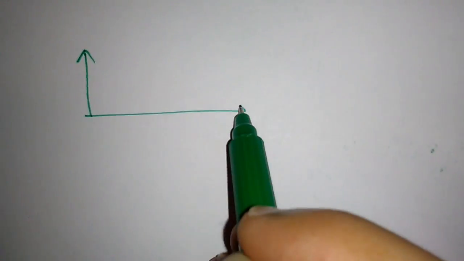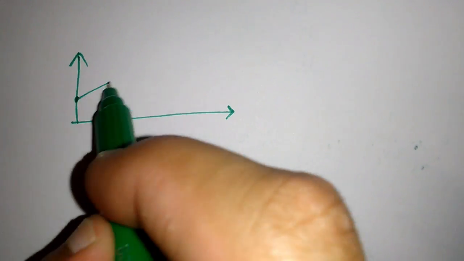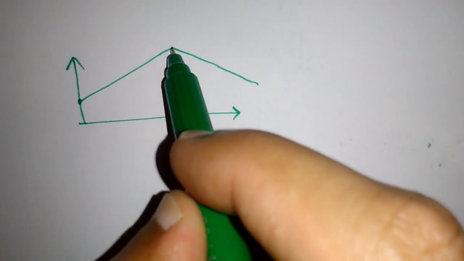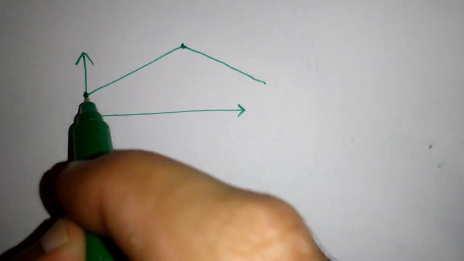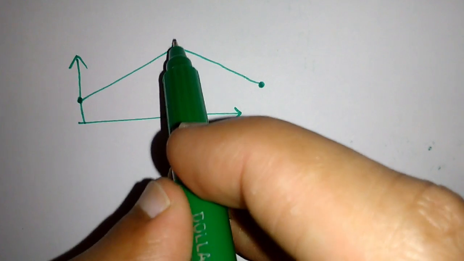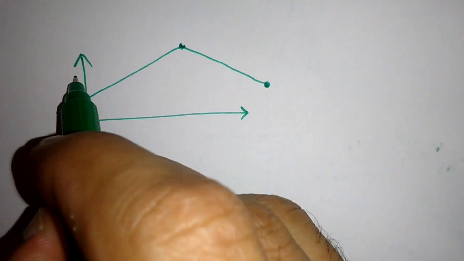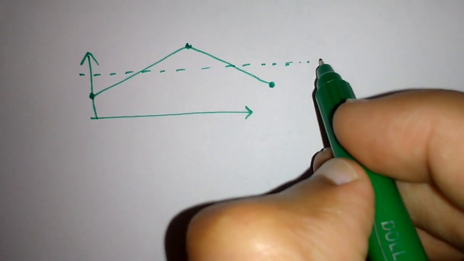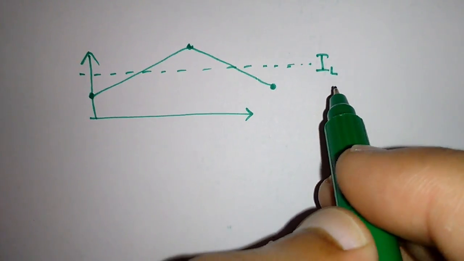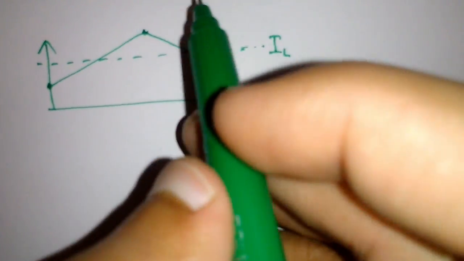Now in order to measure the ripple magnitude of inductor current, firstly let us draw the inductor current waveform. We see that this is the lowest point of inductor current ripple, and this is the highest point, and this is the midpoint, which is actually the average inductor current.